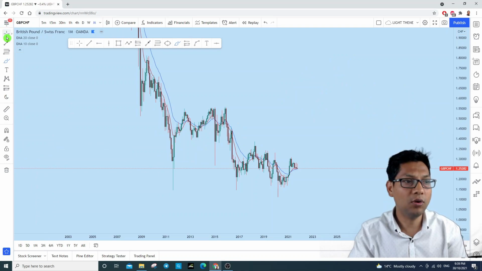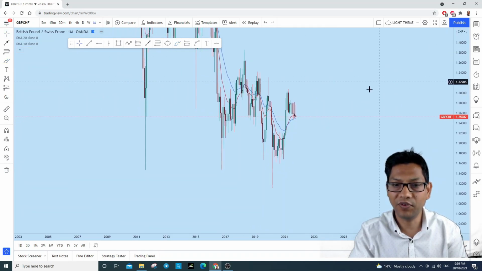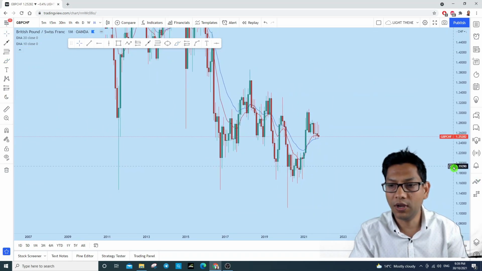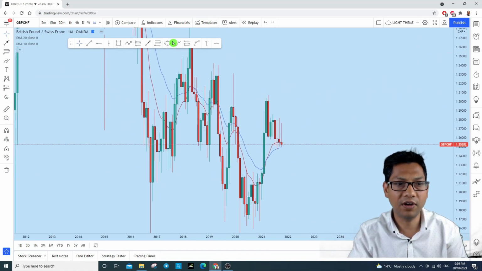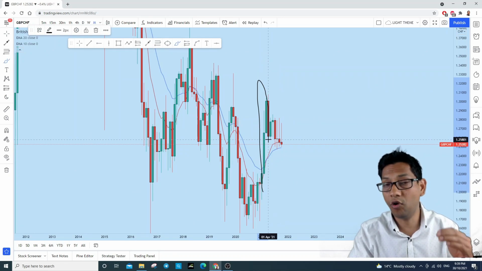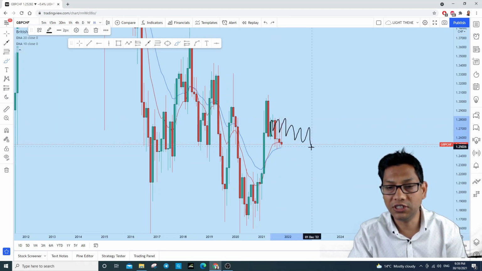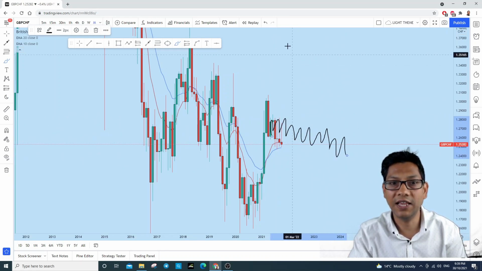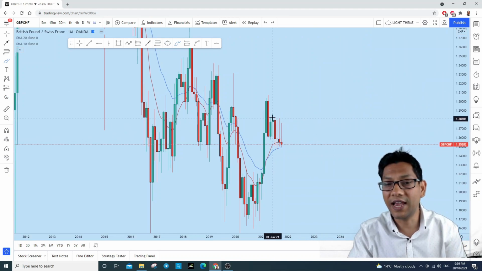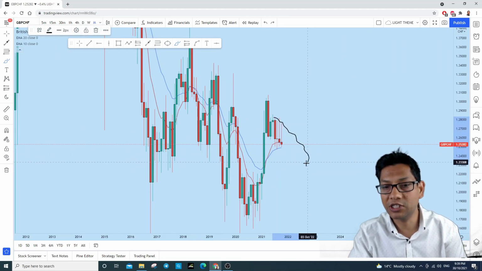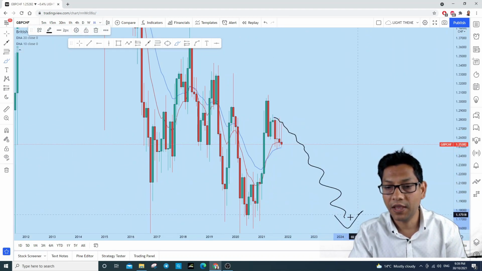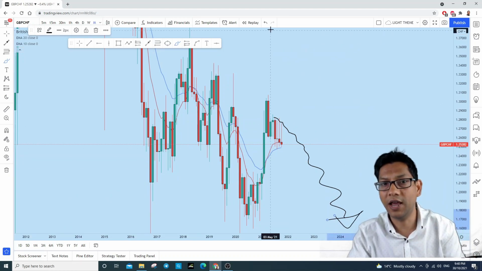So let's narrow down to the recent time frame. Look at this, what happened here after this green impulse to the upside, followed by a strong bearish engulfer. The price every time is creating a lot of dojis and consolidating in this area. When you see this kind of consolidation, you can expect it to decelerate and drop to the downside.